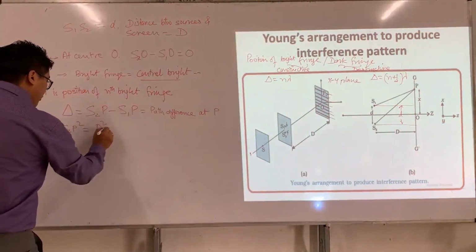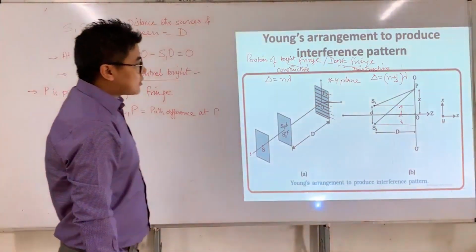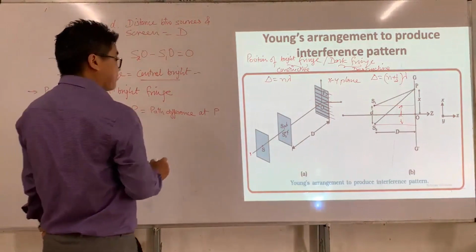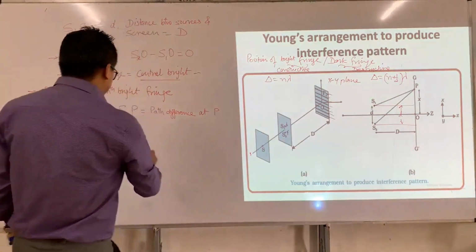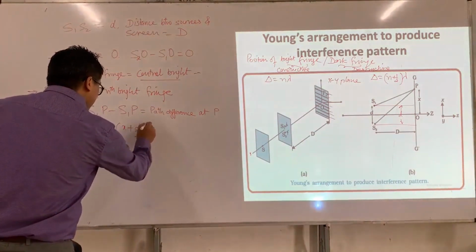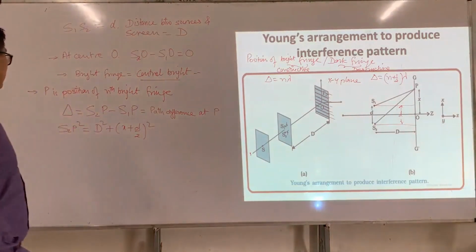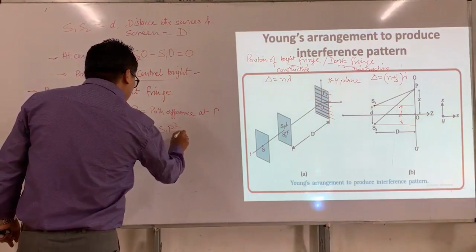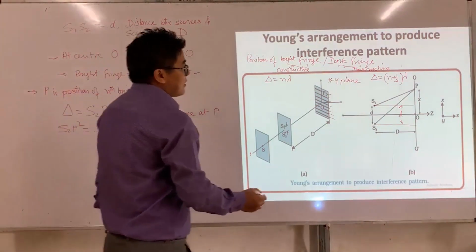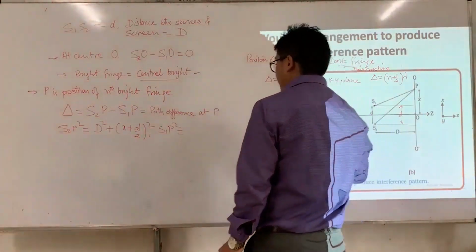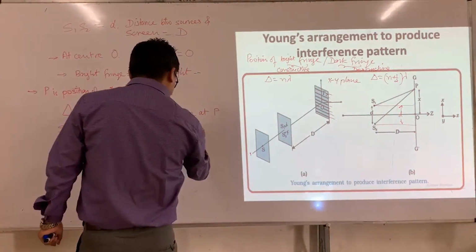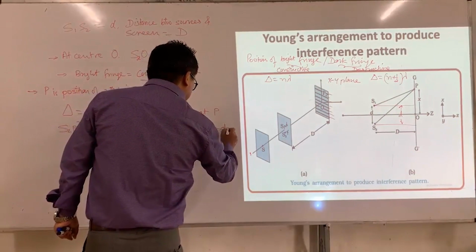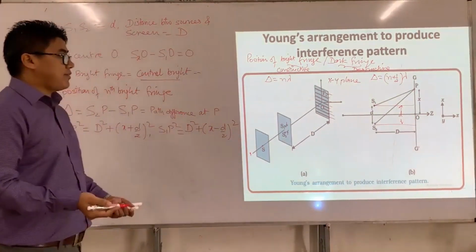I'm going to use the Pythagorean theorem. S2P square is D square plus (x plus d by 2) whole square. And similarly, S1P square is again D square plus (x minus d by 2) whole square.